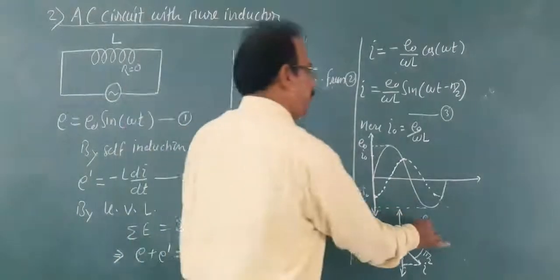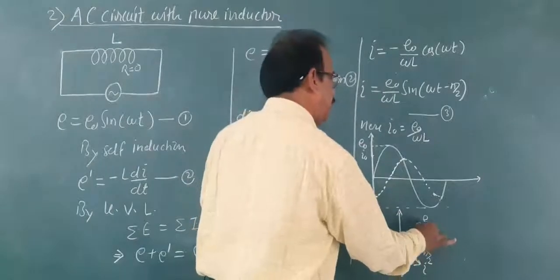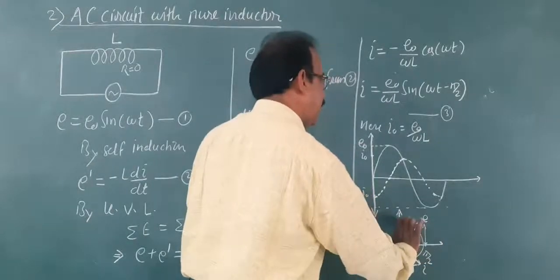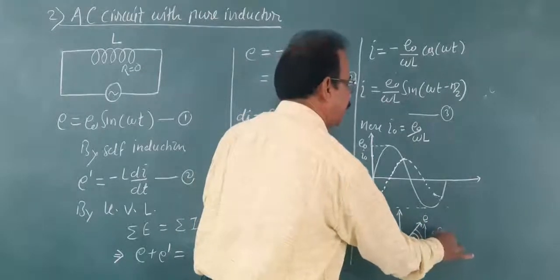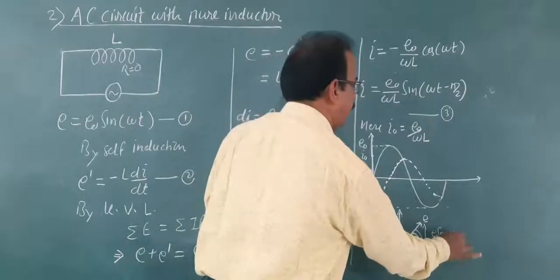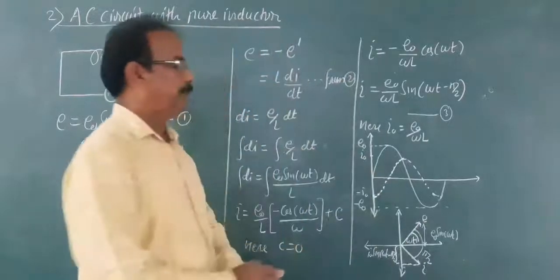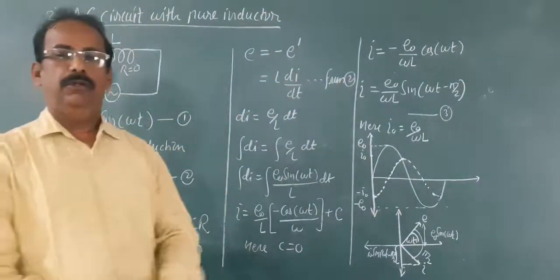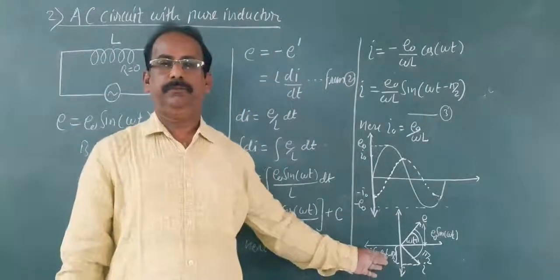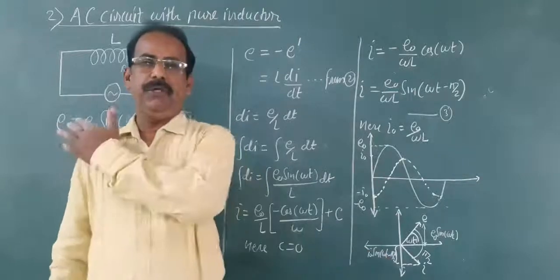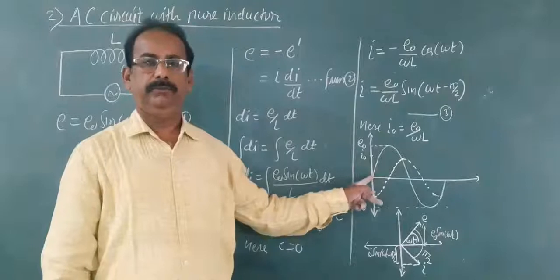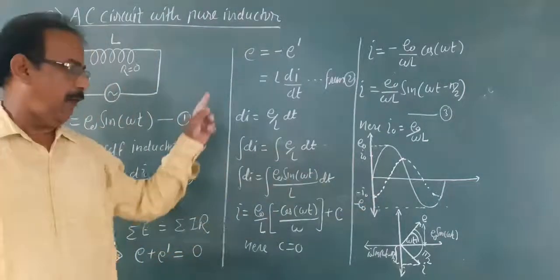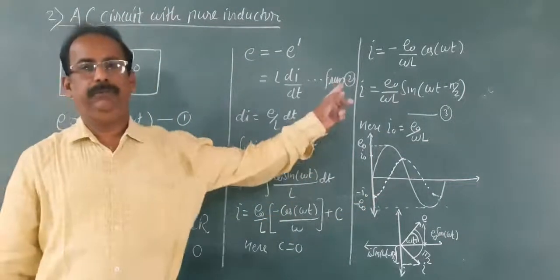And this is instantaneous value of EMF, this distance, which is E0 sin of omega t. This is phasor diagram for this inductor circuit. Graph will come like this. See how we have calculated current here.